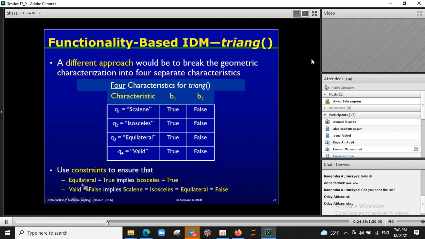So by this point, we could reduce the number of our test cases. By these constraints, for example, equilateral triangles, if true, that implies that it could be also an isosceles triangle. Any equilateral triangle also could be located in this block, because any equilateral triangle is also an isosceles triangle.